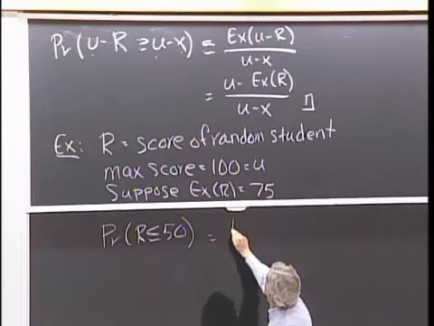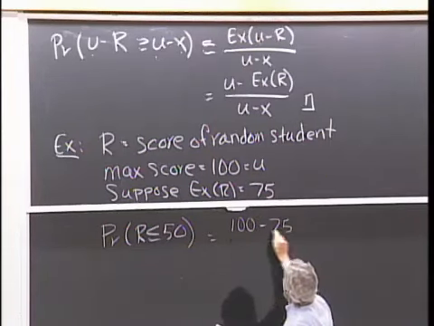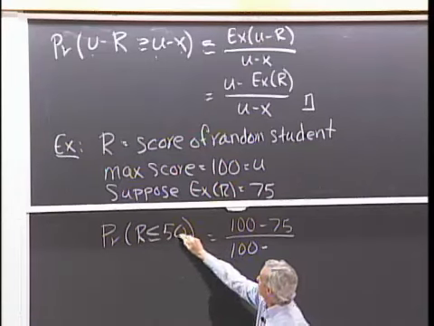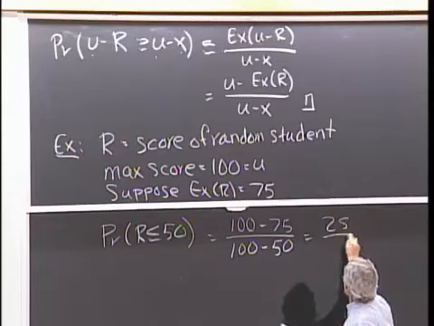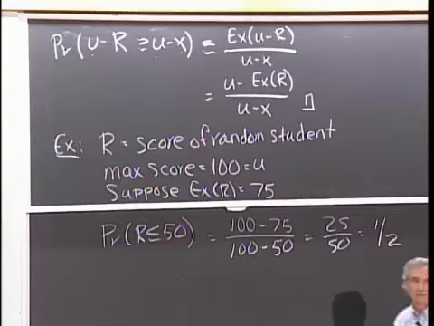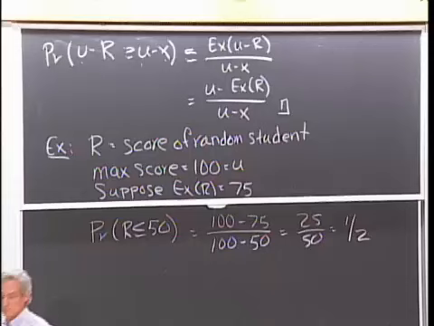U is 100, the expected value is 75, and x is 50. And that's 25 over 50, which is a half. So at most, half the class can score 50 or below.